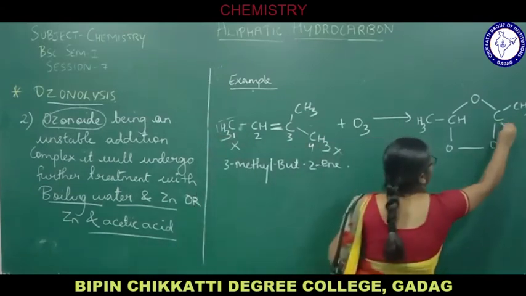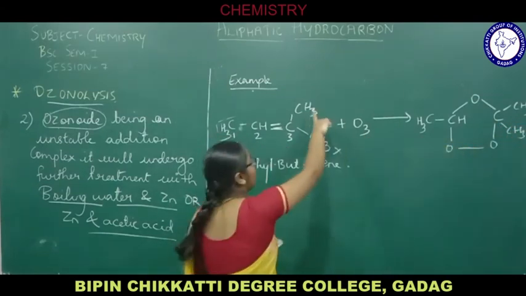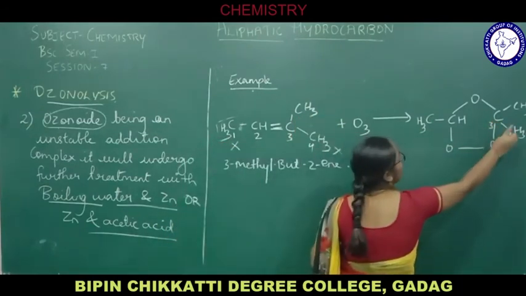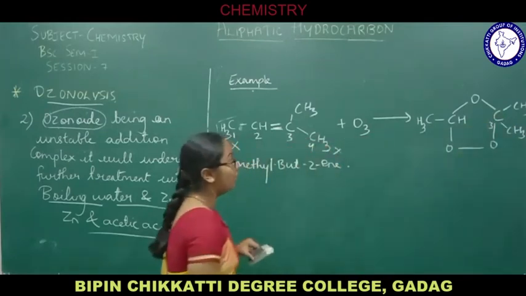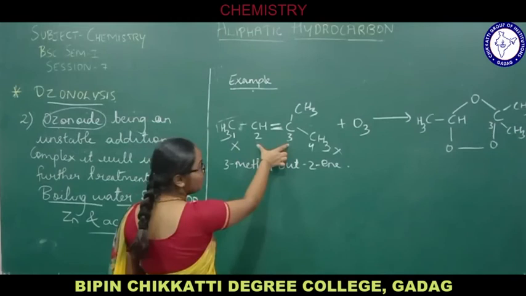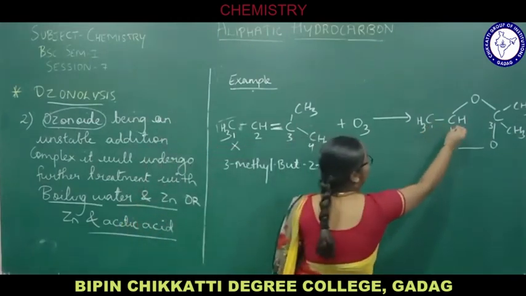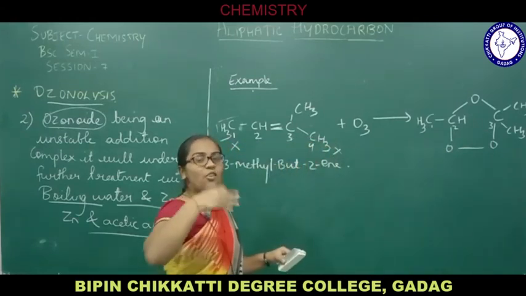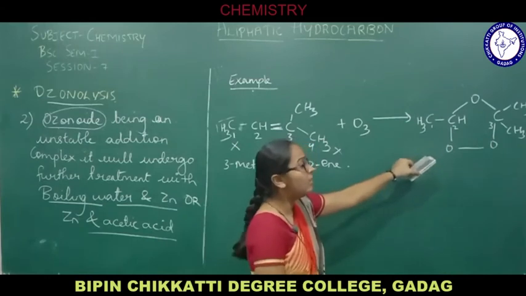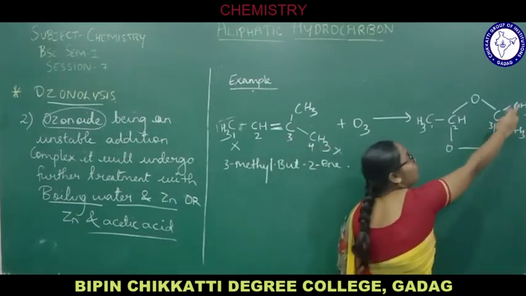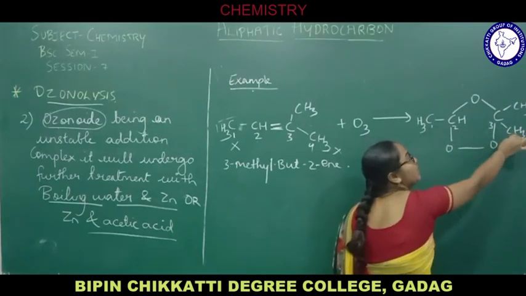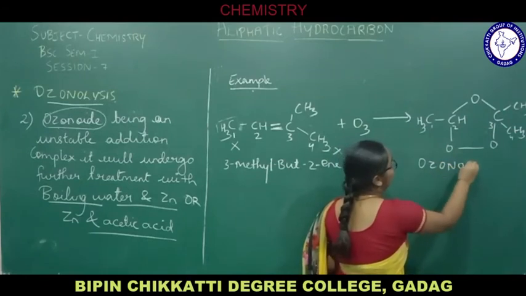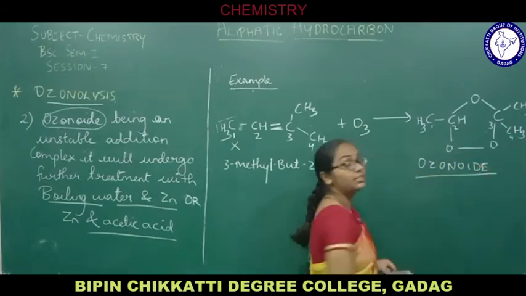So 2 methyl groups are there at carbon number 3, and this was carbon number 4, which stays as it is, because the addition reaction takes place between carbon number 2 and carbon number 3. So this is carbon number 1, carbon number 2. There the 3 oxygen atoms of ozone combine in that manner, and here the methyl group which was hanging will be there, and carbon number 4 is here only, right? So this is the ozonoid, the addition complex.